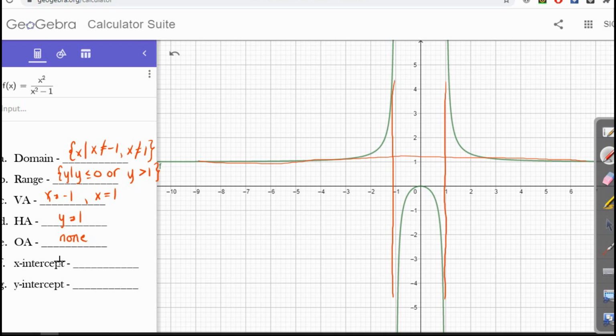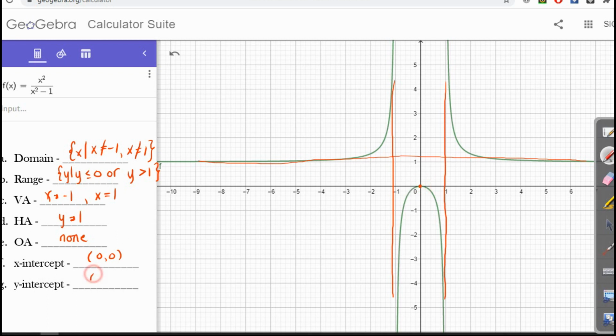How about the x-intercept? What value of x on the x-axis do the graphs pass through? That is at point 0. This gives us the origin. Therefore, when y is 0, x is 0. How about the y-intercept? The y-intercept can also be found at this point, which is the origin.